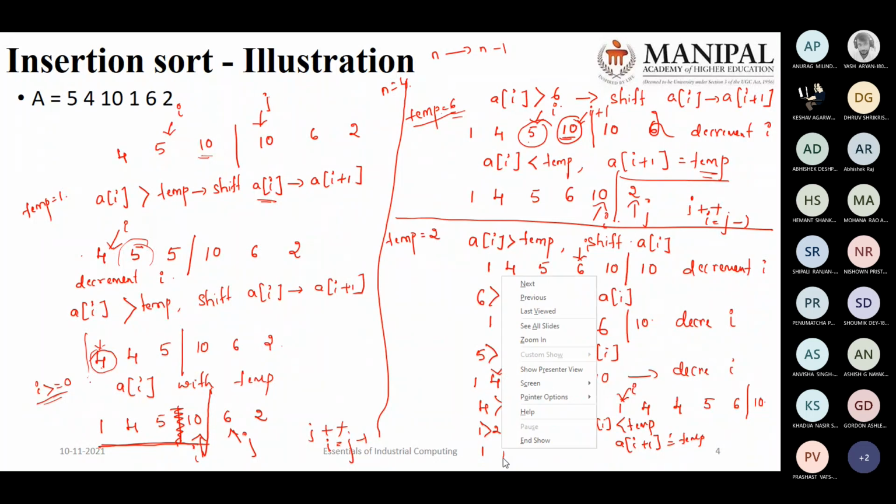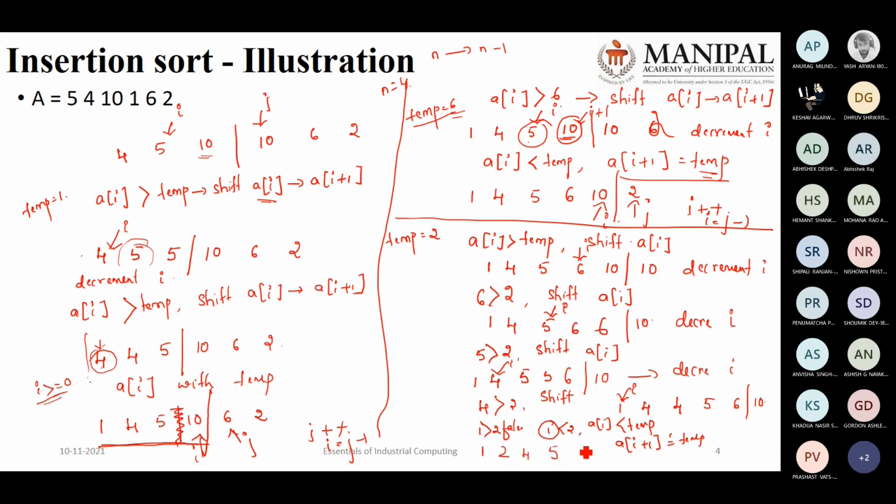So value of temp is 2. Then it is the same array 4, 5, 6 and 10 and you can see all the elements are sorted. And this is where you end your loop.